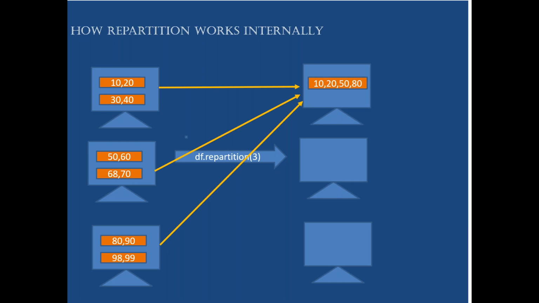50 and 80 are coming from other systems. Similarly, this system may also receive records from the first, second, and third nodes. So here it may form 30, 60, 68, 90. 30 is coming from the first system, 60 and 68 from the second system, and 90 from the third system.